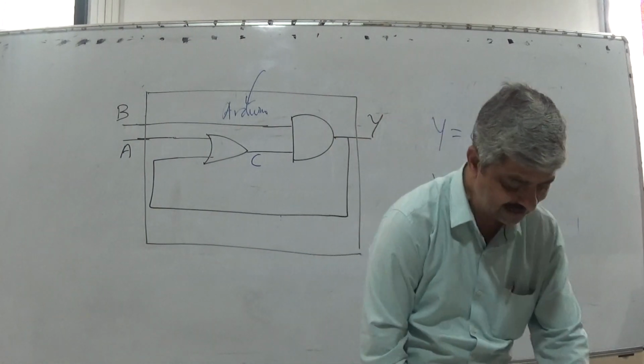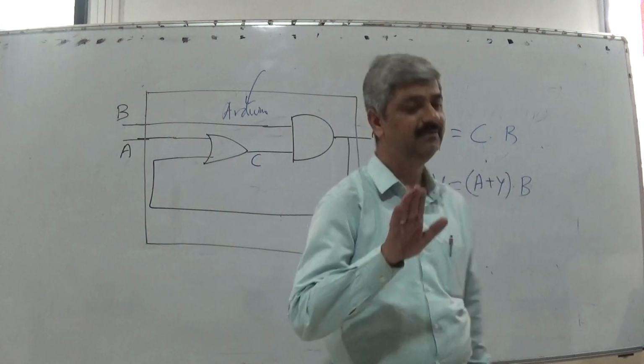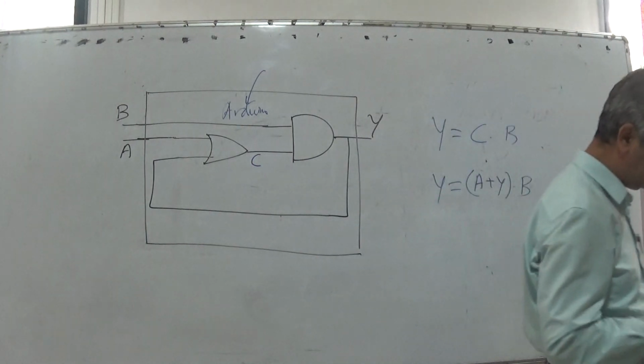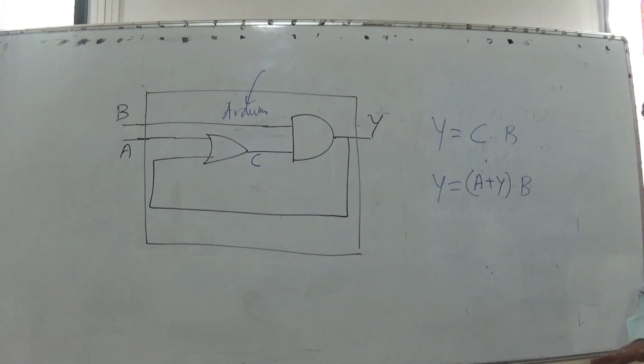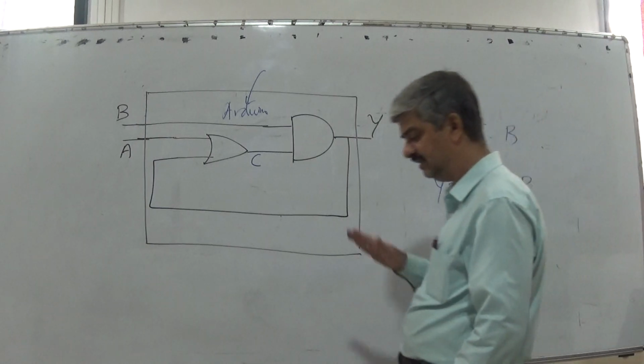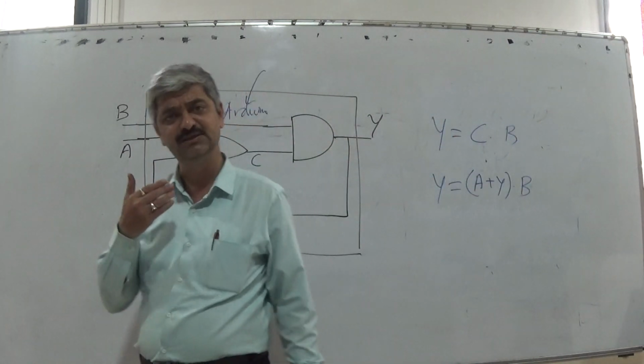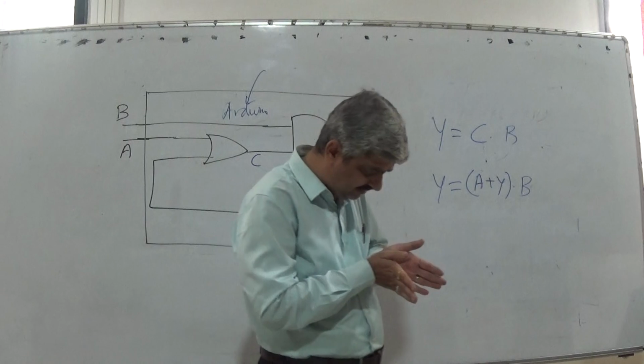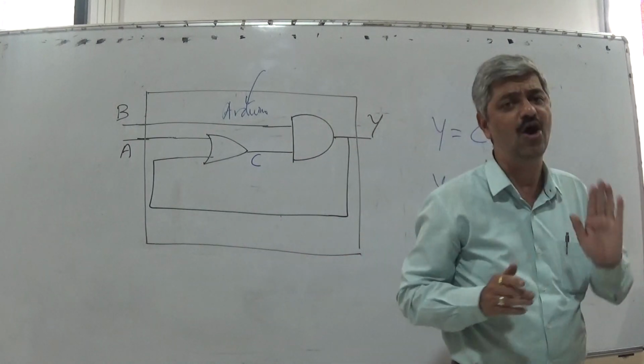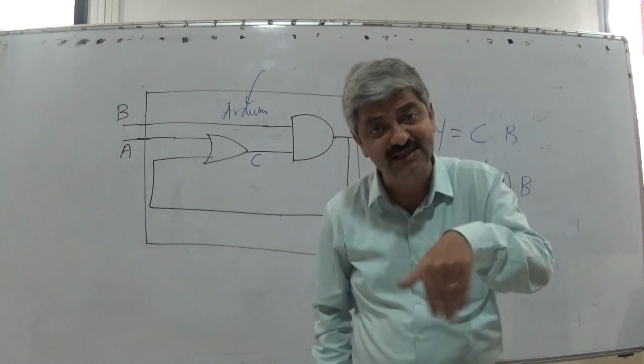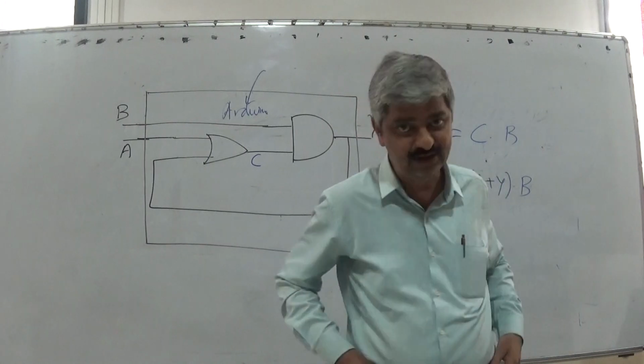As was told very clearly, Arduino is a microcontroller which consists of internal registers which are addressable as a whole of 8 bits, or there can be some internal single bit locations also.